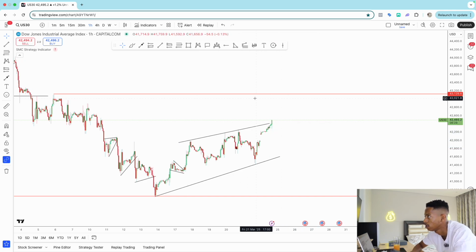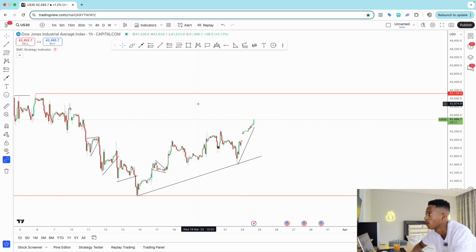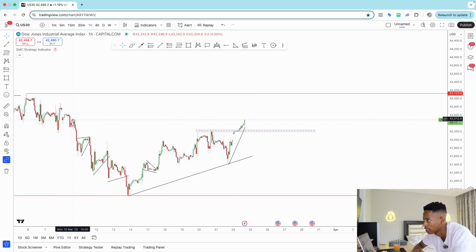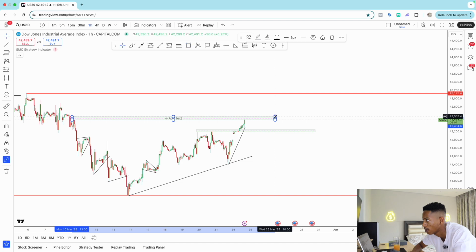So what I'm more likely to do now is wait for a nice clean buy setup. How that buy setup is going to look is, already I can see this area here is previous resistance. Price broke above, and you see it came to test the support, and here we are now at an area of resistance, like I mentioned, but because we are buying, we're not going to be looking for sells.